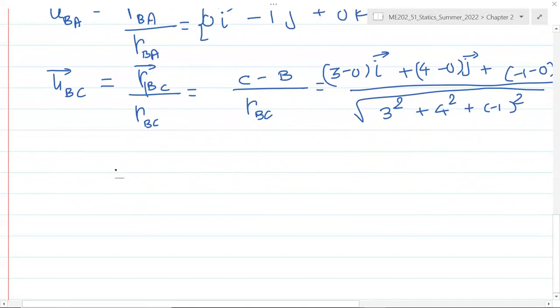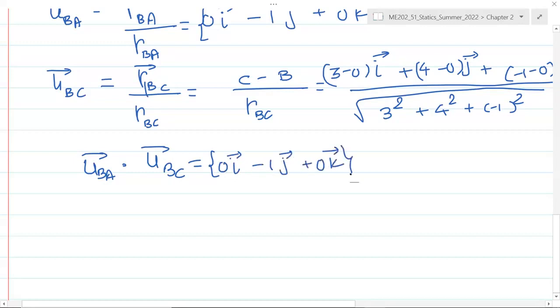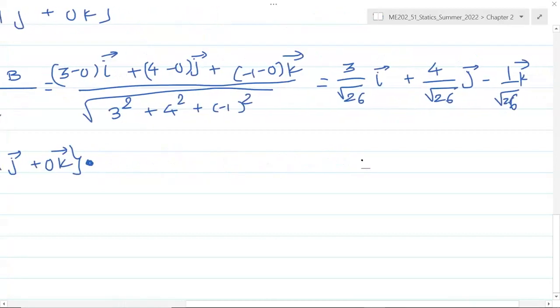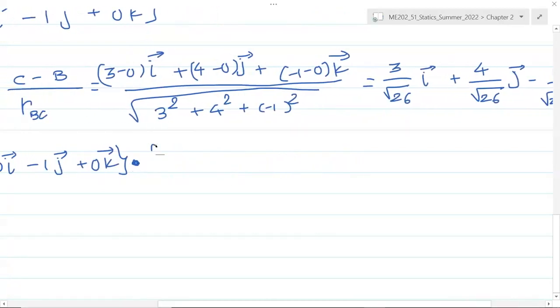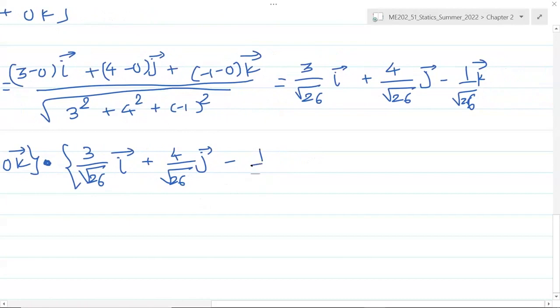So dot product u_BA dot u_BC is equal to dot product of 0i minus 1j plus 0k and then dot this second vector, which is 3 divided by square root of 26 i plus 4 divided by square root of 26 j minus 1 divided by square root of 26 k.